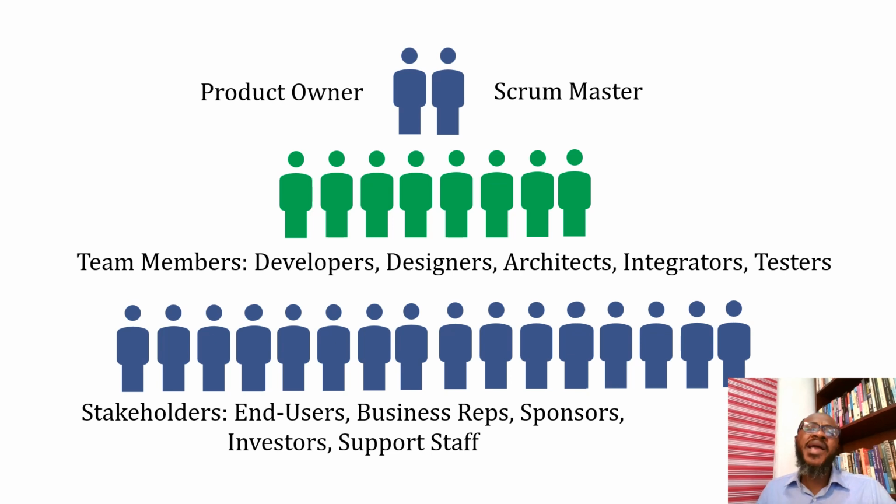But if you encourage T-shaped team members, then what happens is that for whatever people do, there are other members of the team who could equally function there. And it helps the team move forward in spite of challenges they may encounter, such as ones related to team members leaving the project. So team members may include developers, designers, architects, integrators, testers.